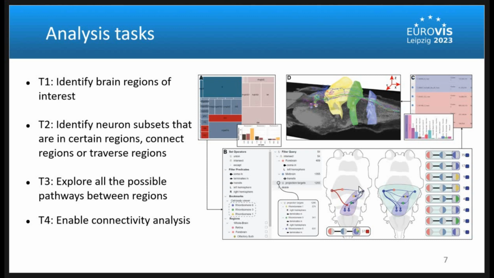The generated circuit can then be visualized using the circuit viewer, as shown in the center portion of figure B. Next comes the pathway browser, which allows users to explore all the possible pathways related to the current query, as shown in the right portion of figure B. To enable the user to perform connectivity analysis, all the neurons contained in the circuit are then passed to the neuron browser. Finally, the selected neurons and the anatomical context are visualized in an anatomical viewer, as shown in figure D.